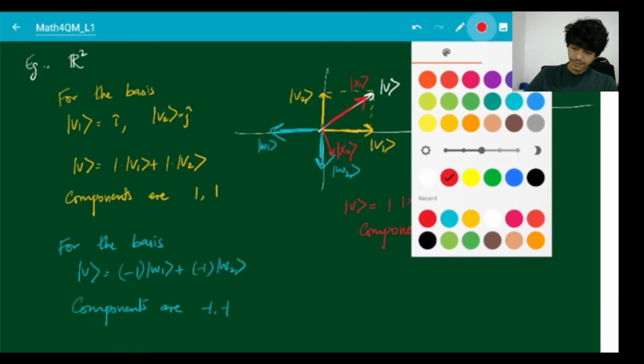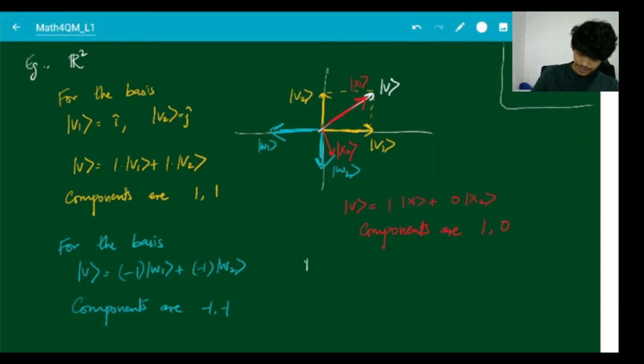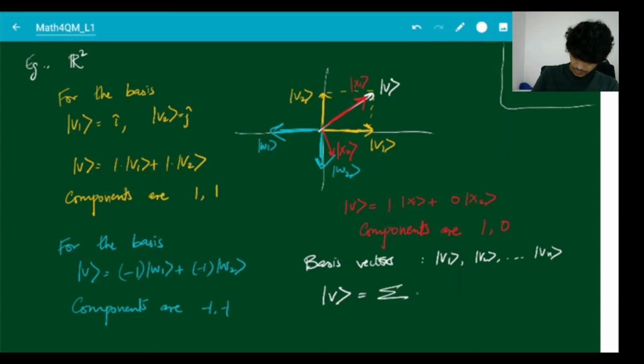So in general, for basis vectors v1, v2 and so on, I can write my vector v as some linear combination, sum of these components ai times these basis vectors vi: a1 v1 plus a2 v2 plus a3 v3 and so on.